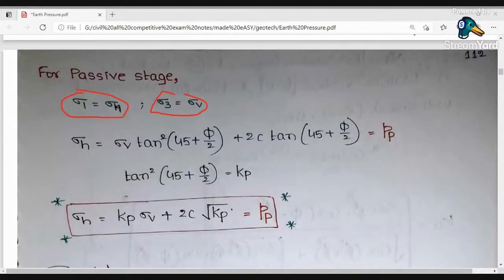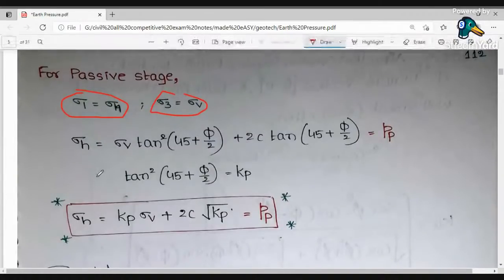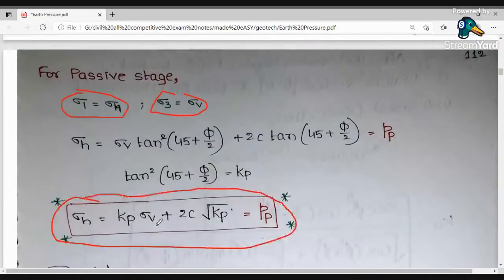So from that we can say that sigma h is equal to sigma v tan square 45 plus phi by 2, from the Mohr Coulomb failure envelope, plus 2c tan 45 degree plus phi by 2, equal to pressure p. So here the change occurred in case of cohesive soil, the passive earth pressure is this.